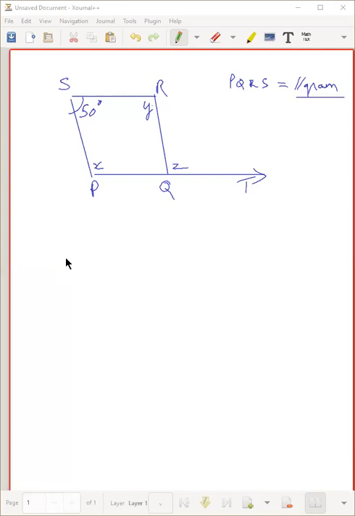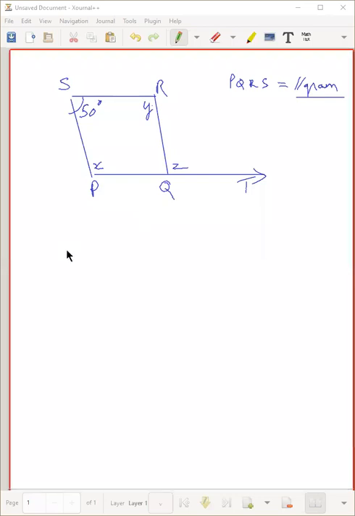But give me X, Y, and Z together. One minute more.